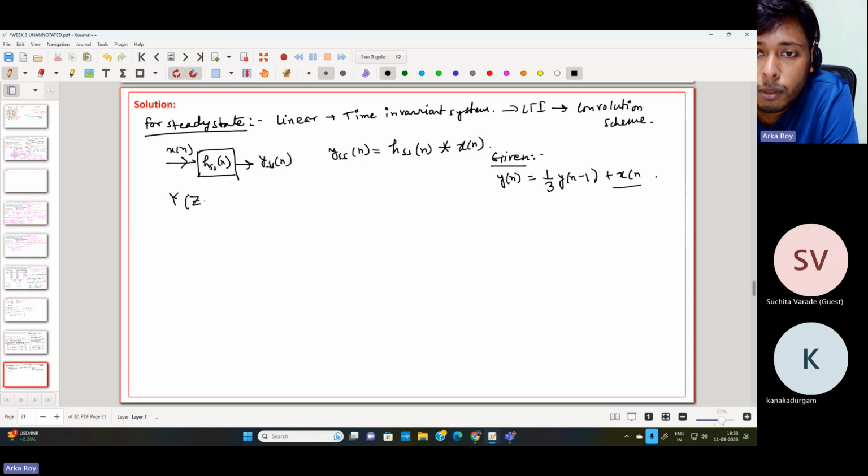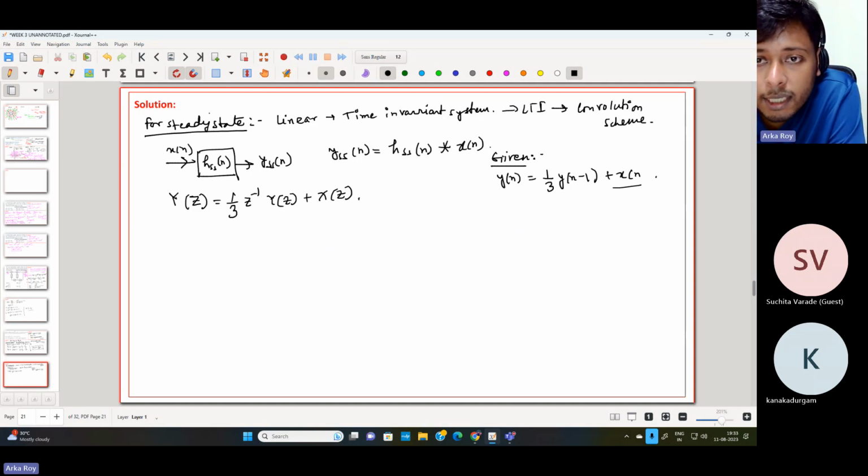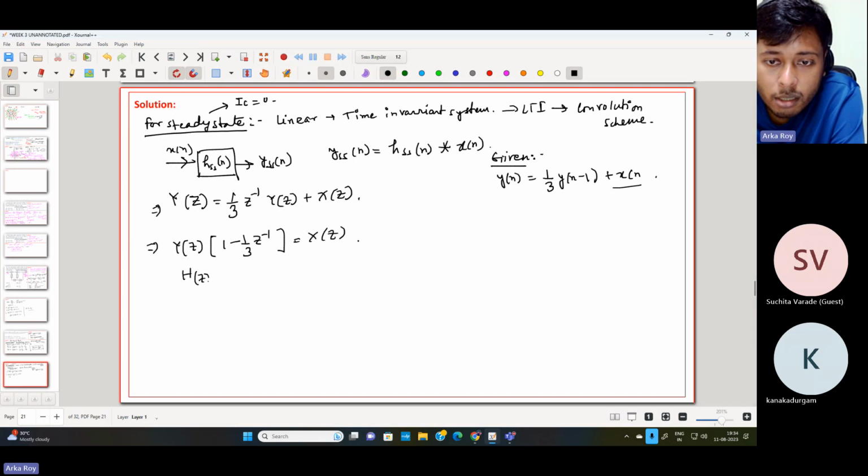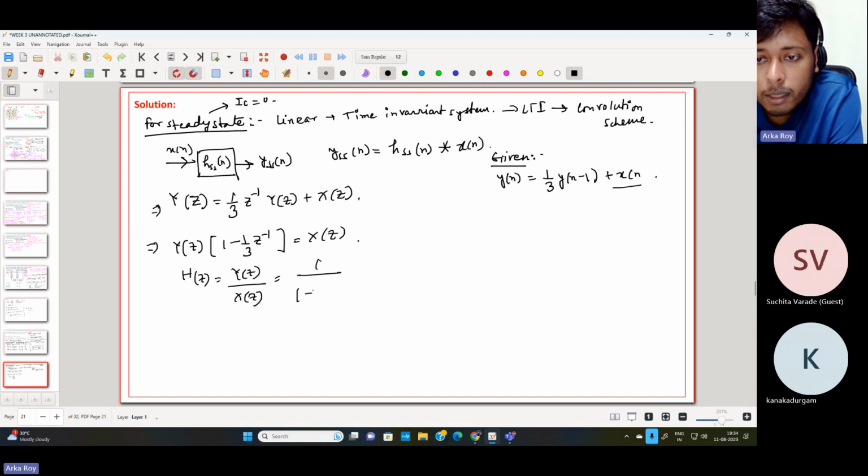If I take z transform on both sides, it will be 1 upon 3 z to the power minus n yz and x of z. And for the steady state case, we already have told that initial conditions ICs are 0, we will not have any initial condition. Therefore, if I take yz common, 1 upon 3 z inverse is equal to xz. So hz is effectively yz divided by xz. So that is 1 divided by 1 upon 3 z inverse.